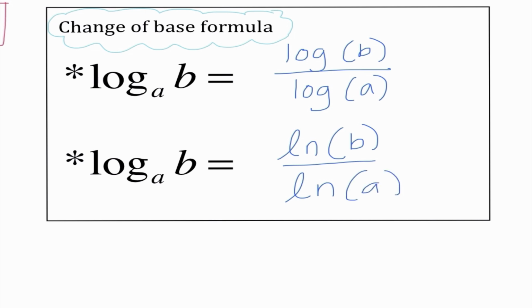I just need to be consistent if I'm using my common log or my natural log, and this ratio will be exactly the same as this ratio. So what this enables us to do now is we can put any base, convert it using change of base, and put it into our calculator. Very important that we use these parentheses, especially in the numerator, otherwise we may get an inaccurate answer.